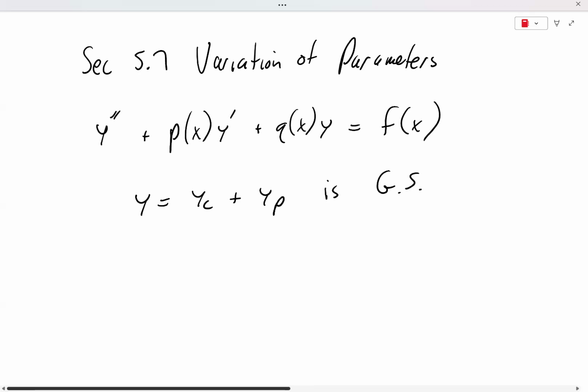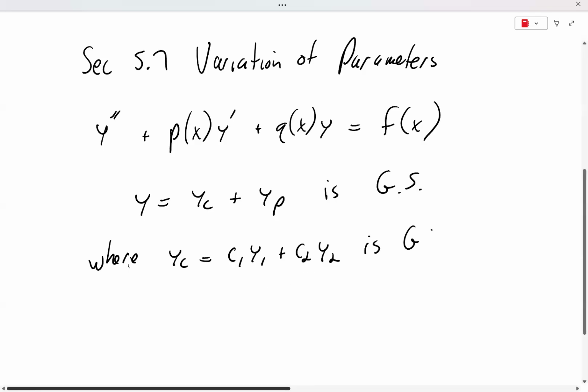This is the general solution, where y sub c is equal to c1 y sub 1 plus c2 y sub 2, where this is the general solution to the homogeneous equation. Homogeneous equation, that's where we have a 0 over here instead.